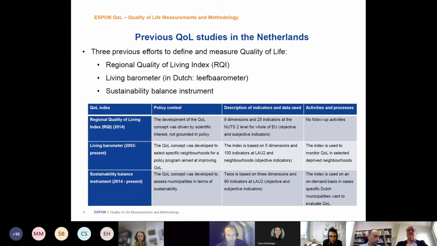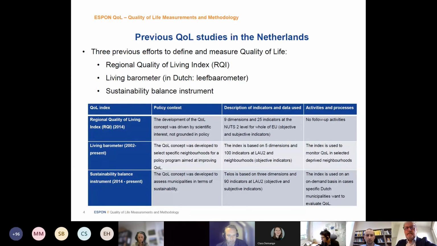So in the Netherlands, there have been three previous attempts to define and measure quality of life. So we reviewed these in the report, and then we compared the approaches with what we developed in the project. So we have the Regional Quality of Life Index, which was a study conducted in 2014 by the Central Planning Agency in the Netherlands.